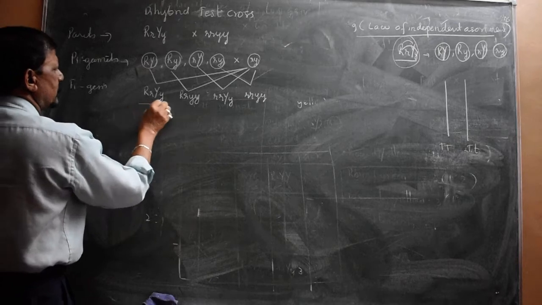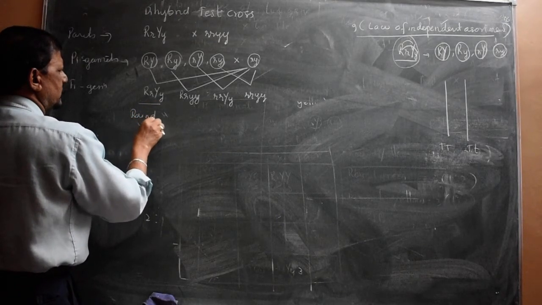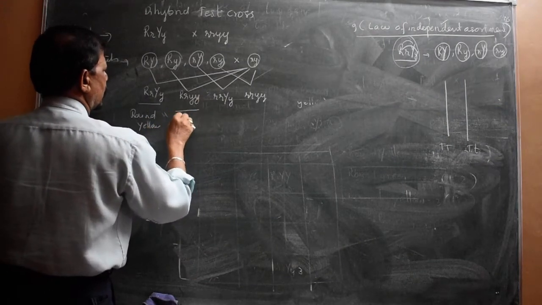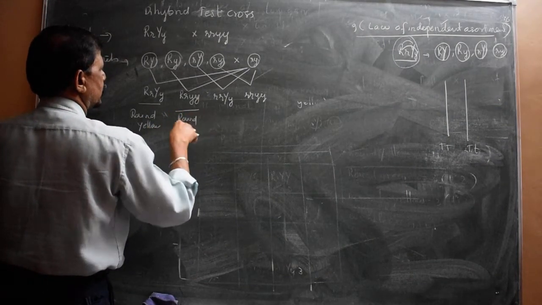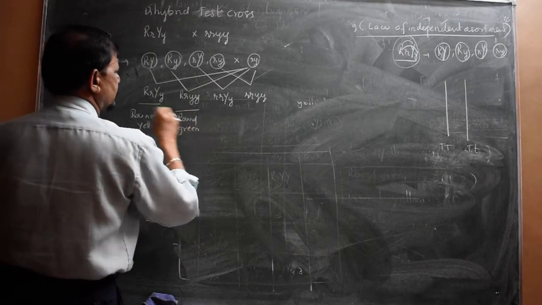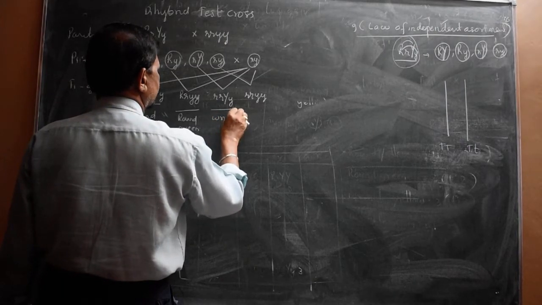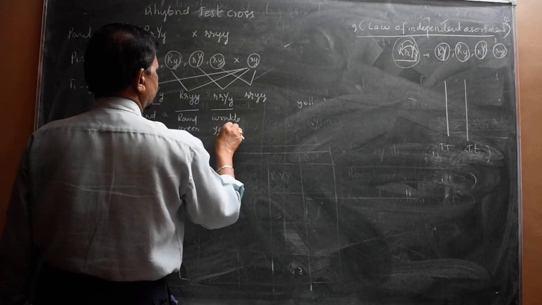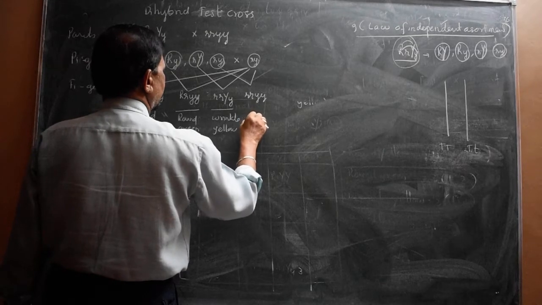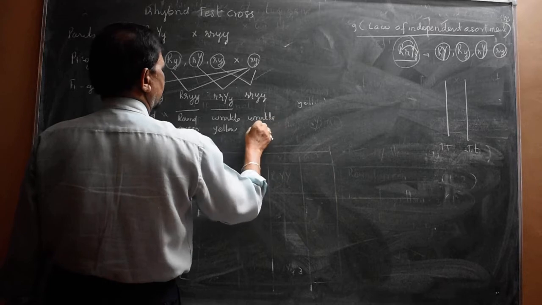What is this plant? This is round yellow. This one is round green. And this one is wrinkle yellow. And this is wrinkle green.